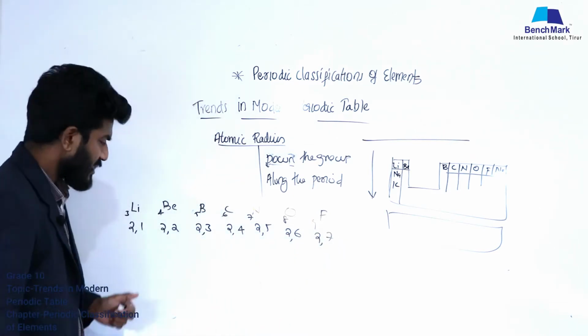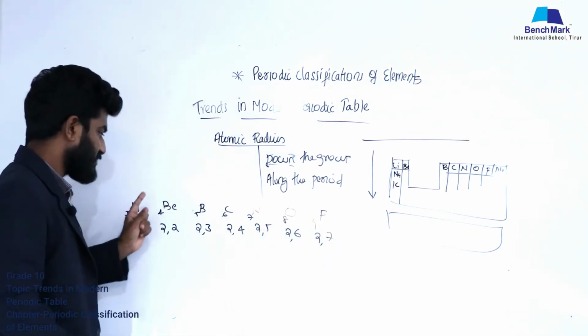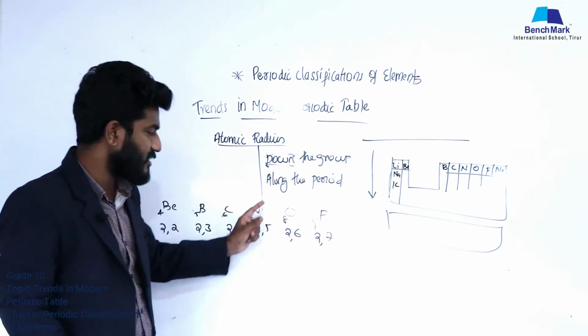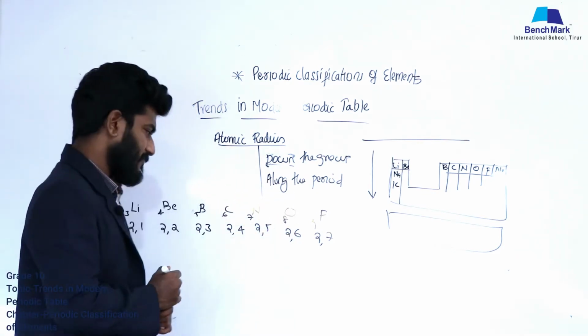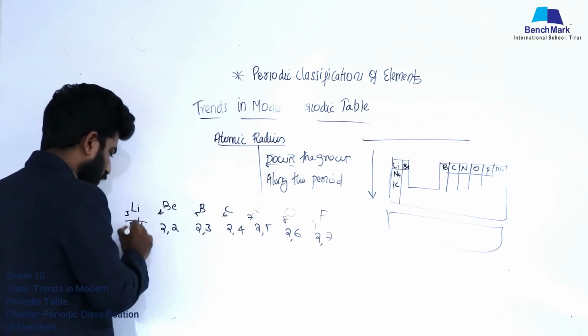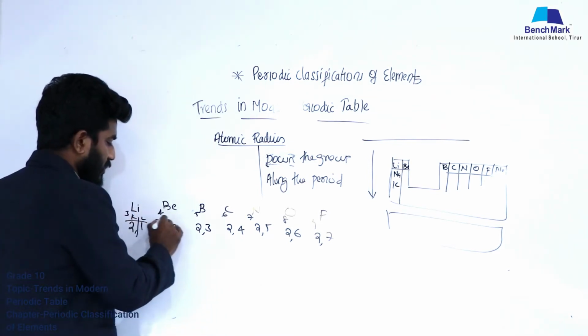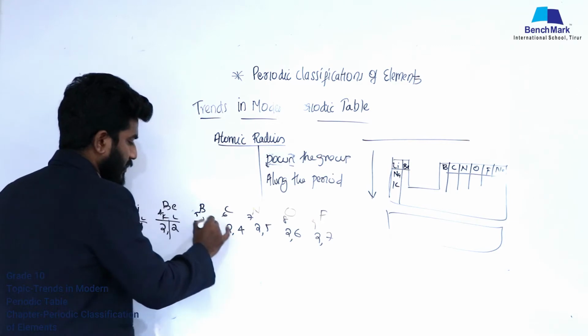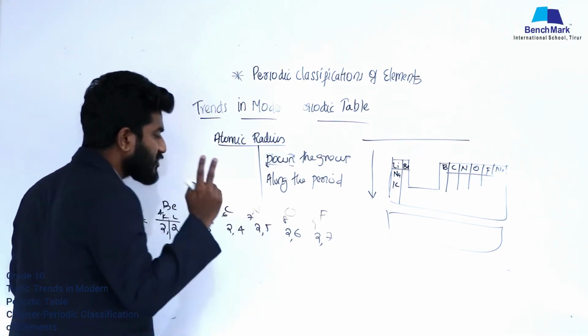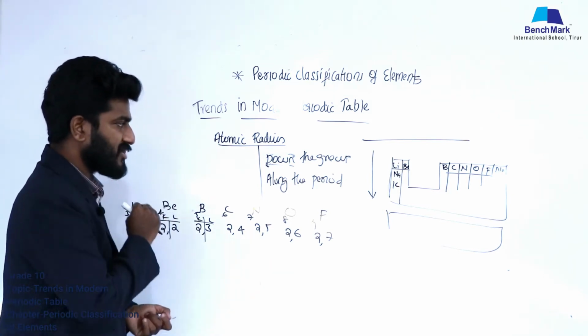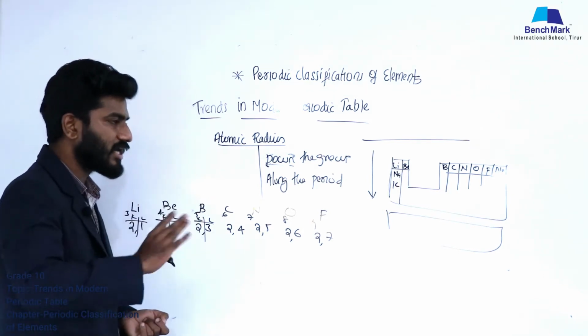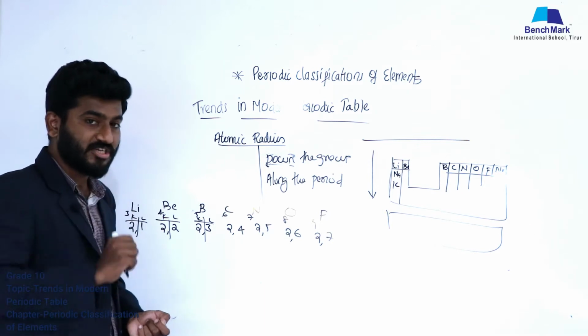Listen, this is the electronic configuration of lithium, beryllium, boron, carbon, nitrogen, oxygen and fluorine. If you observe properly, one thing is clear: all are having 2 shells, K and L. If you look at these elements, you can see that the number of shells is not increasing.